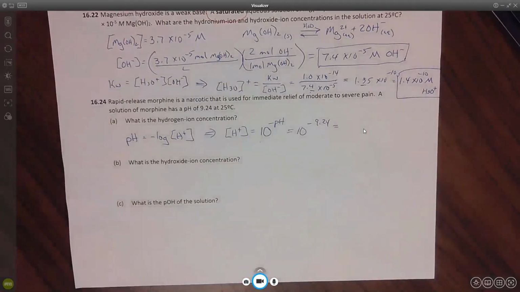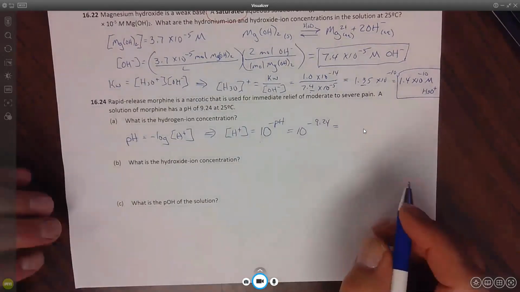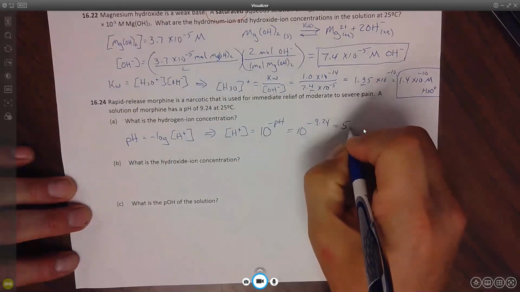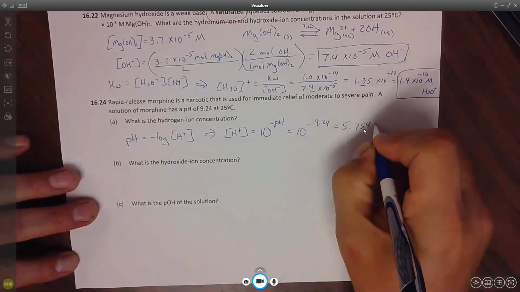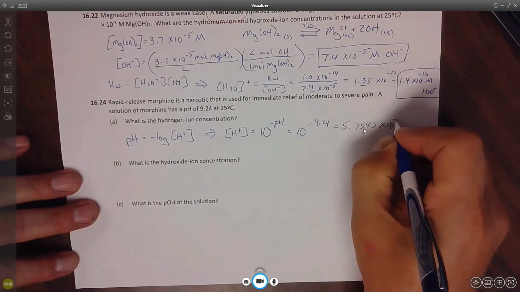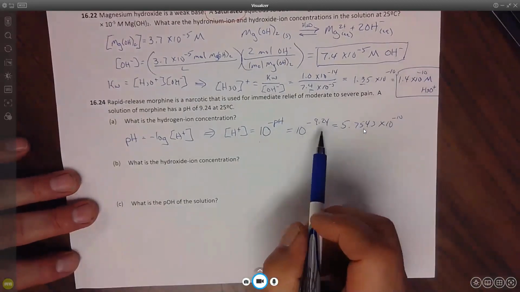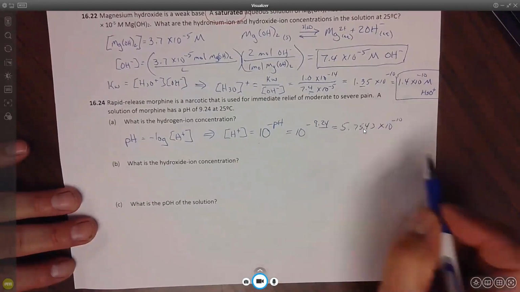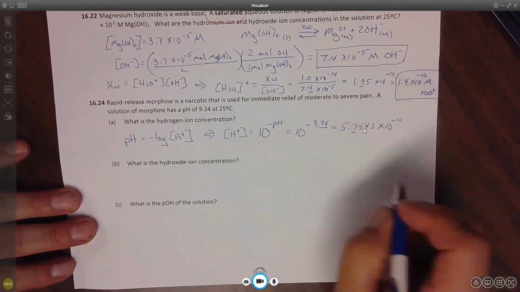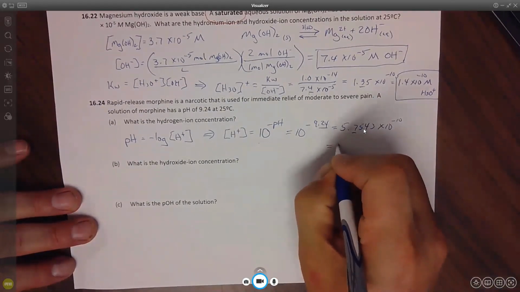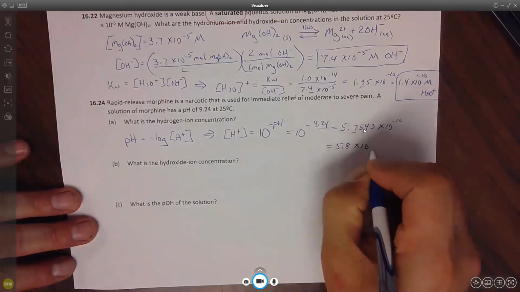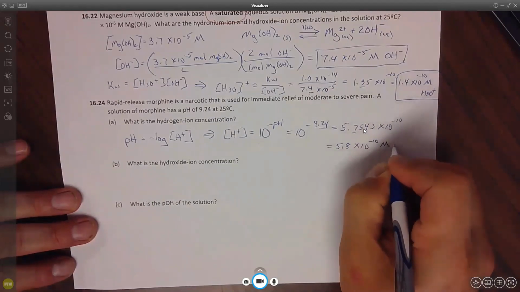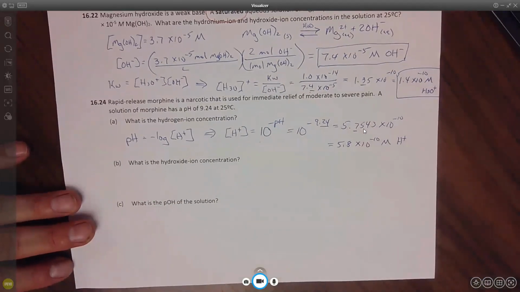Plug that into your calculator. You're going to get a value of 5.754 times 10 to the negative 10. Now, because we have two decimal places, our answer will have two significant digits. So this is going to be 5.8 times 10 to the negative 10 molar of our hydrogen or hydronium ion.